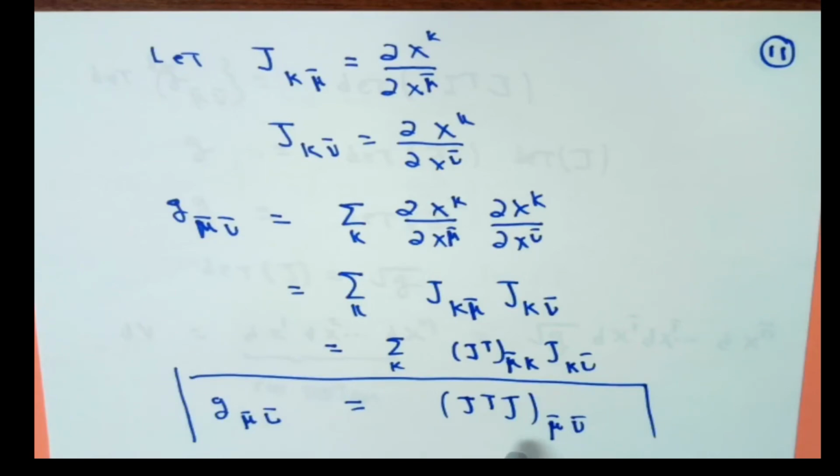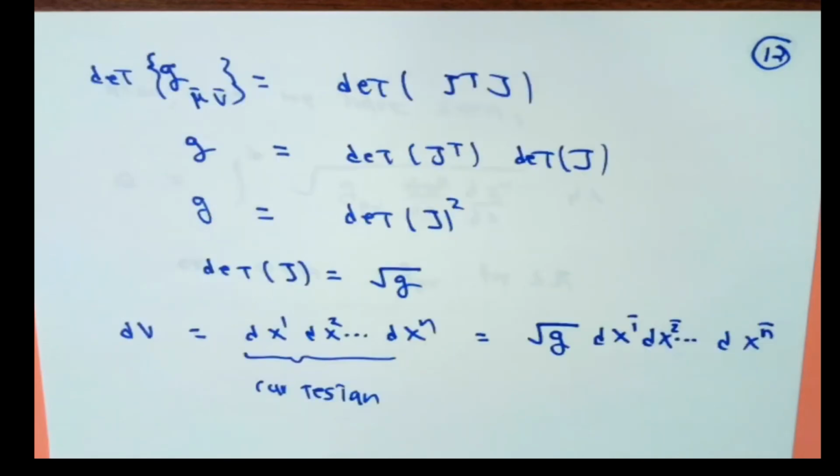Take the Jacobian matrix, take its transpose, multiply it by the Jacobian matrix, and corresponding entries will be equal to each other. In particular, the determinant of the matrix that you get from this is the same as the determinant of the matrix that you get from this. Well, we've been calling the determinant of the metric little g, so we'll continue to do so here. Little g has to be the determinant of J transpose J.